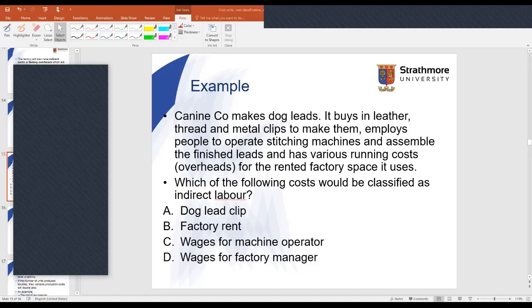I think C, wages for factory manager. So D or C? D. Okay, from Jenga it is D.